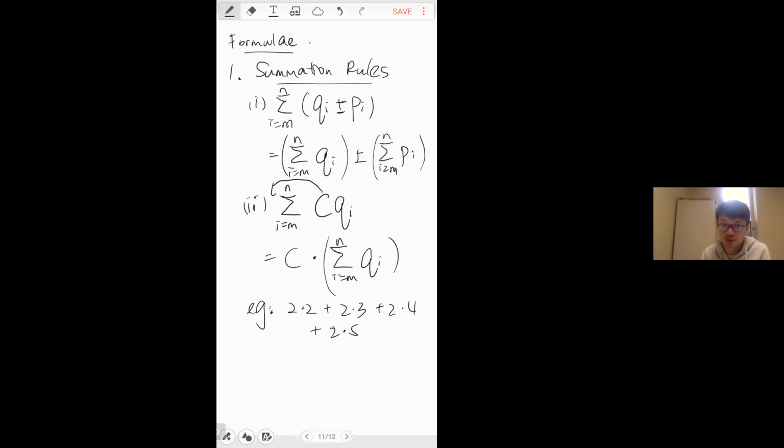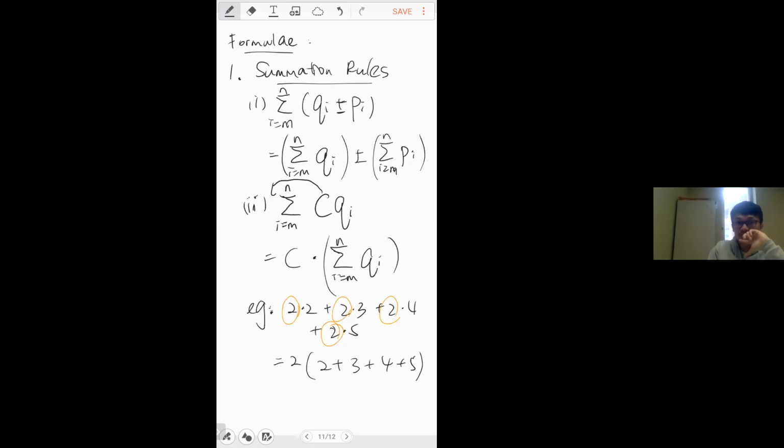They all have the common factor 2, right? And so you can pull out the 2 and say that this is 2 times (2 plus 3 plus 4 plus 5). All I did was pull out the common factor here. And that's exactly what the second rule is saying.